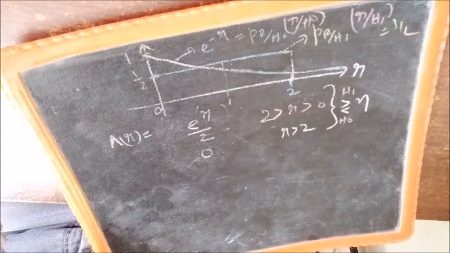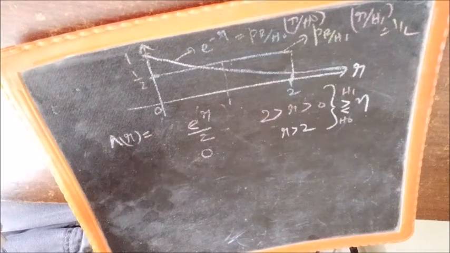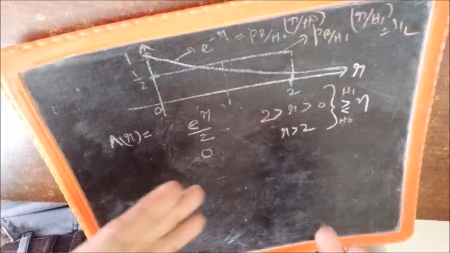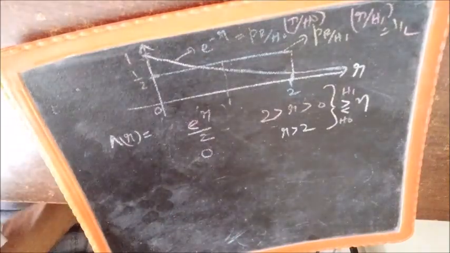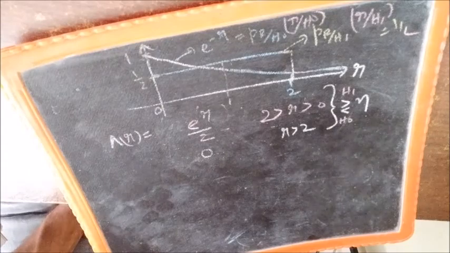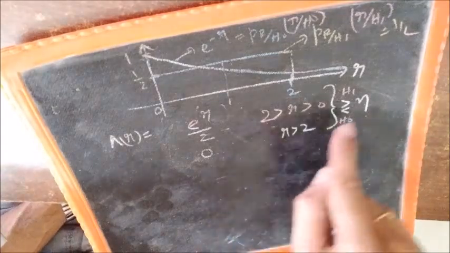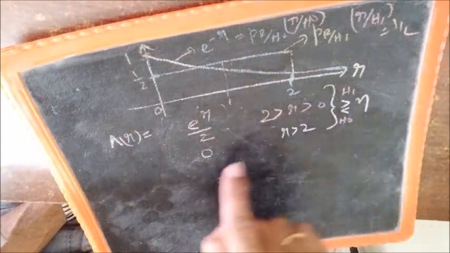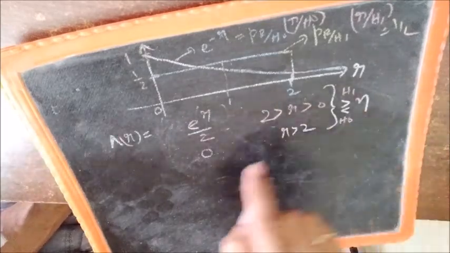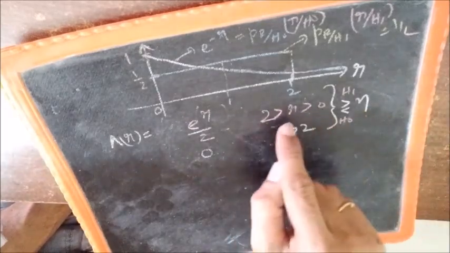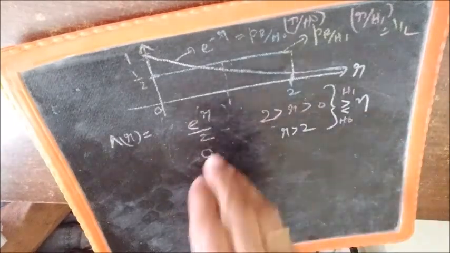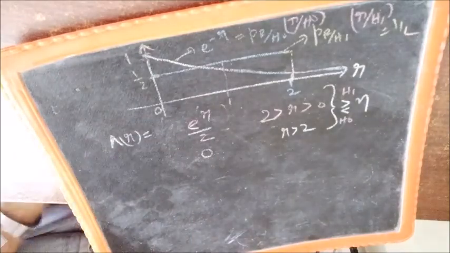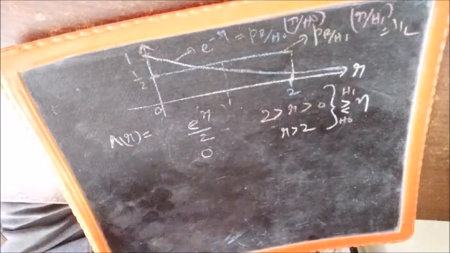We don't know what eta is. If 0 is less than eta, you take H0. If it is more than eta, you take H1. But since 0 is fixed and eta is also fixed, whenever r is greater than 2, your decision will be the same always. Whereas when r is between 0 and 2, it need not be the same, because e raised to r by 2 may sometimes be more than eta, may sometimes be less than eta. So your decision will vary between H1 and H0.